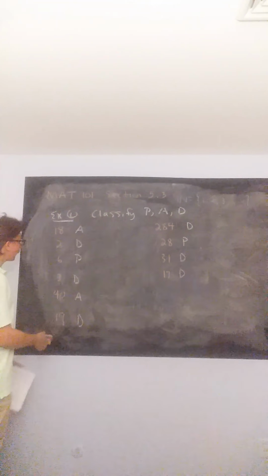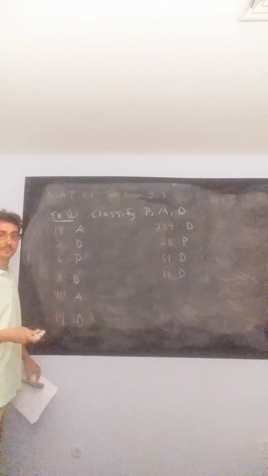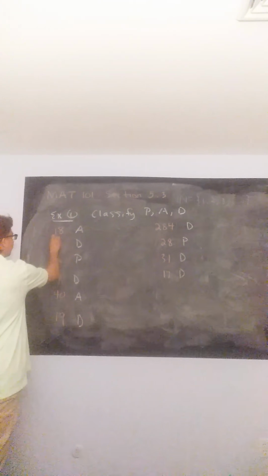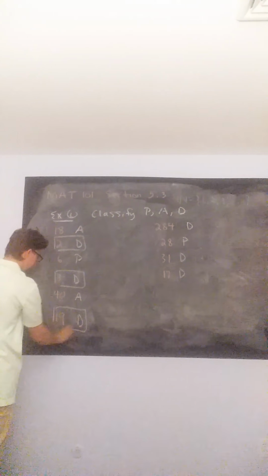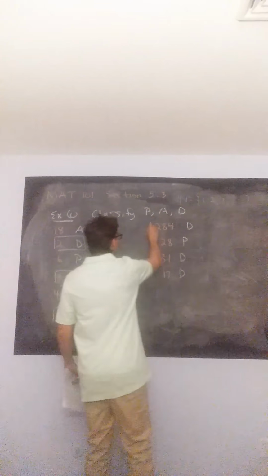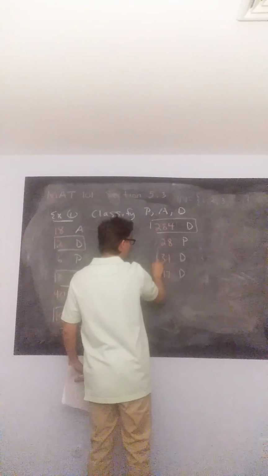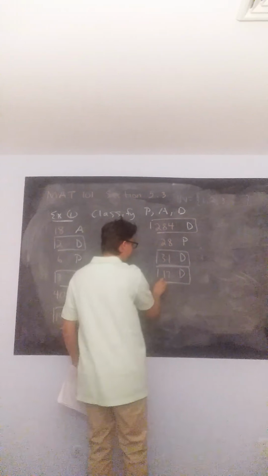If we look at this list of numbers here, look at some of the numbers that turned out to be deficient, for example. The number 2, the number 3, 19, 284, 31, and 17.